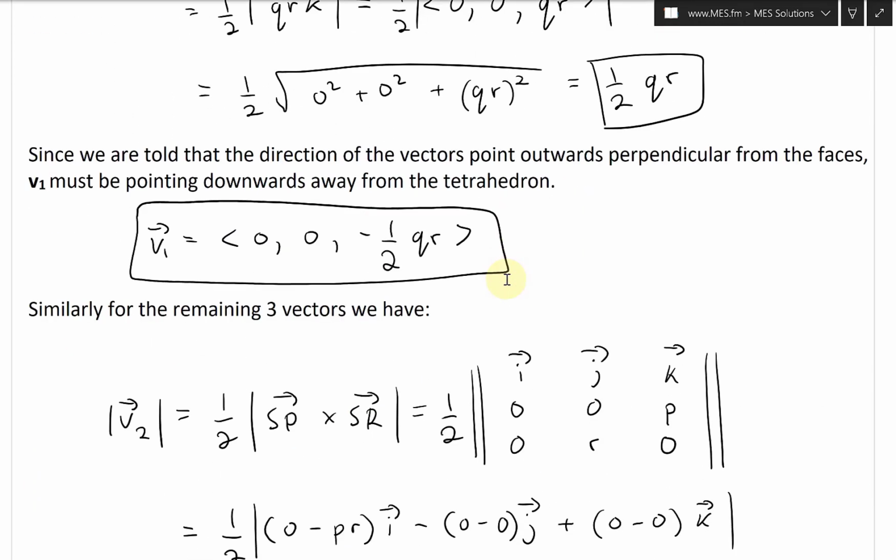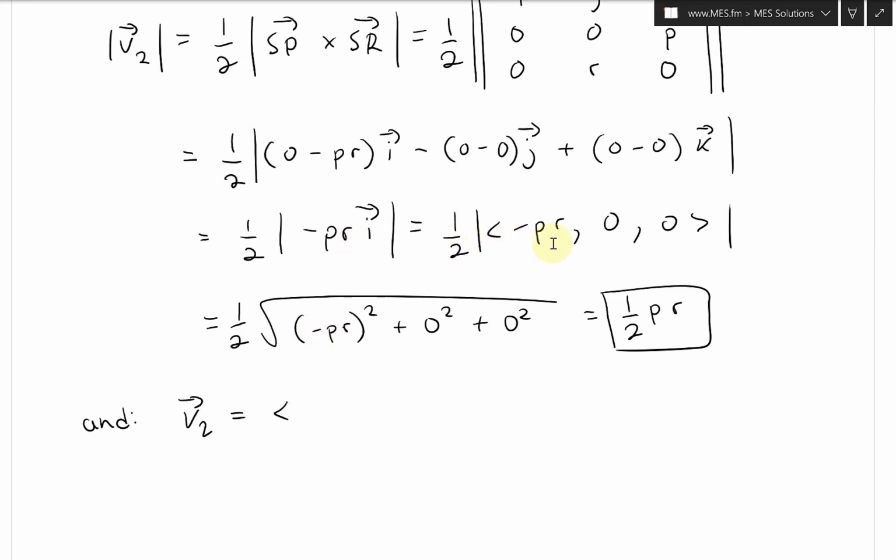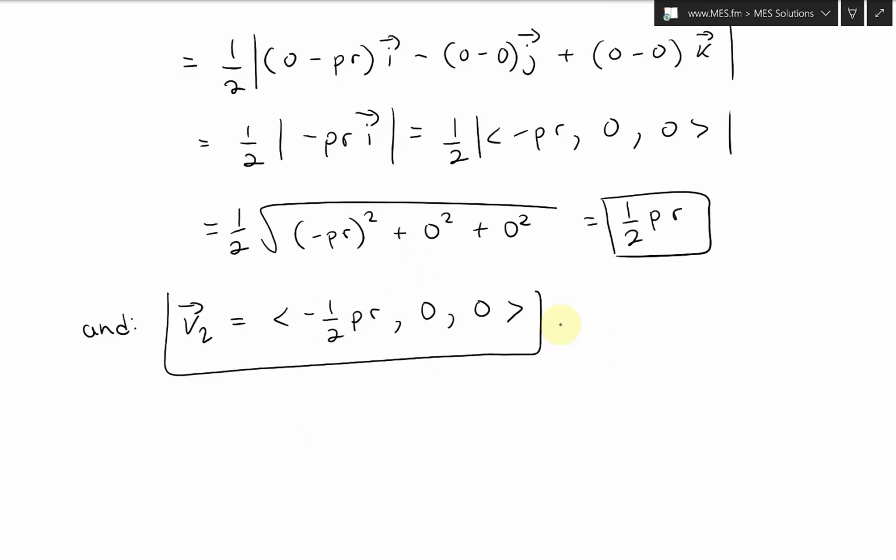So basically, it's going to be just this thing. So in fact, this cross product is actually the same direction that we are going to have. Then put the negative 1/2 inside. It's going to be negative 1/2 PR, and all other terms are 0, like that. And then when you take the length of this, you're going to get this right here. All right, so circle this.